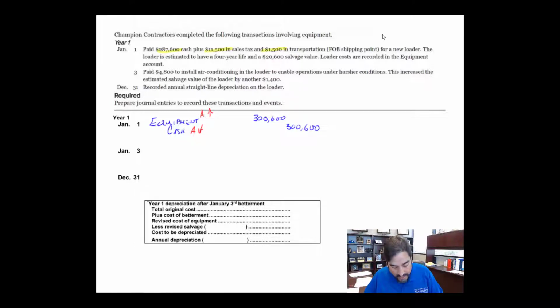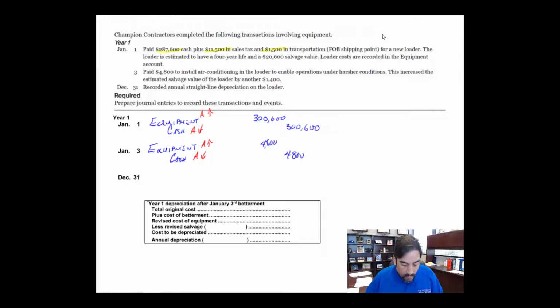So we're going to record that $4,800 as an increase in equipment. And the other piece is cash. It doesn't say how we paid it, so we're just going to assume we paid cash. Equipment is an asset account that we're increasing, that's why it's a debit. Cash is an asset account that we're decreasing, that's why it's a credit.